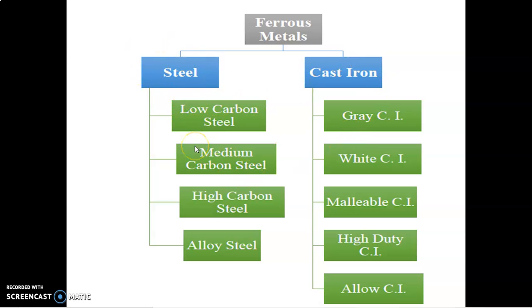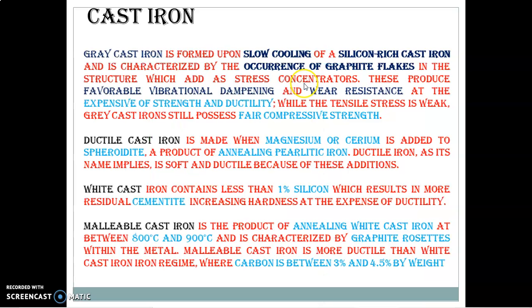Before going to steel, we started with cast iron, and inside this, grey cast iron is formed upon slow cooling and is silicon rich, and it is characterized by the occurrence of graphite flakes.